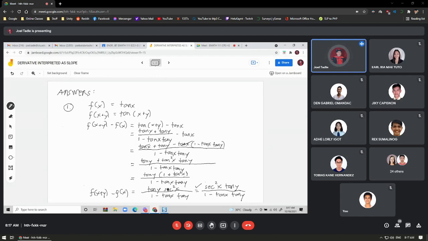So the result is tangent y secant squared x over 1 minus tangent x tangent y, which is equal to the right member of the given equation, secant squared x tangent y over 1 minus tangent x tangent y. Therefore, we showed that the left is equal to the right.